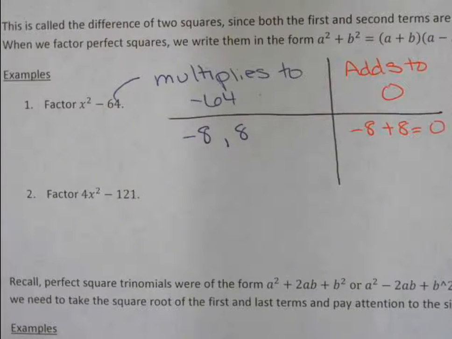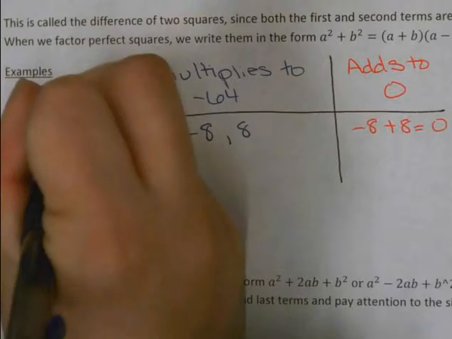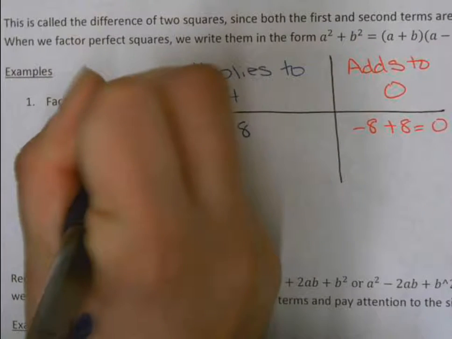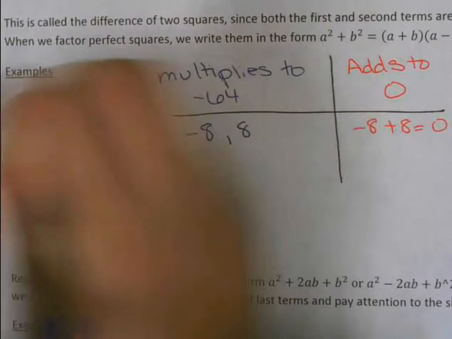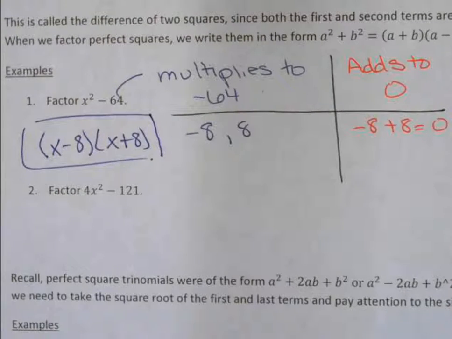Yeah. So then what I'm going to do is, in parentheses, I'm going to write x minus 8 and then x plus 8. Questions on number one?